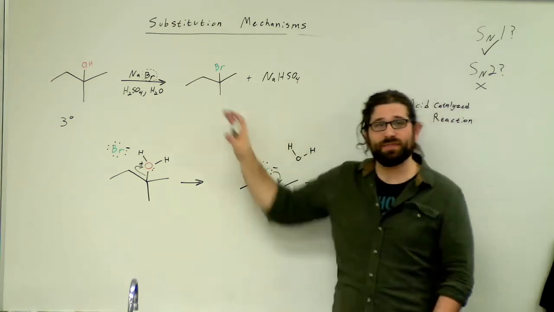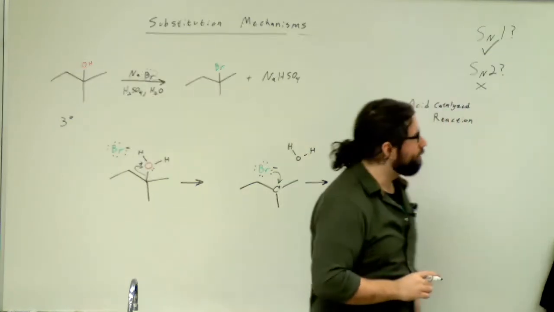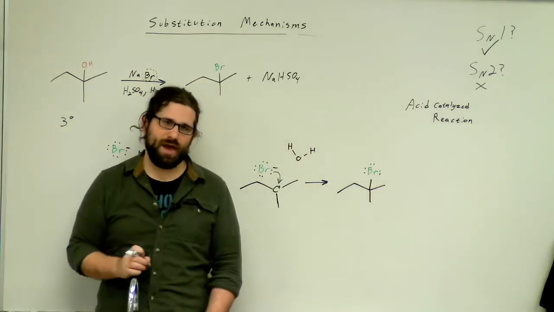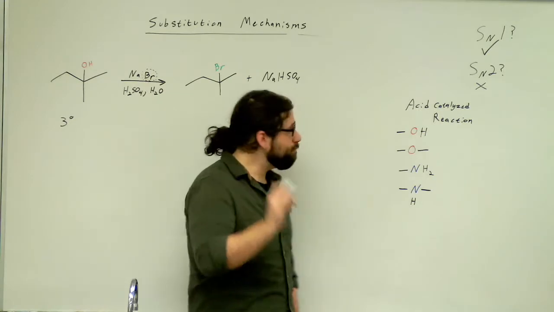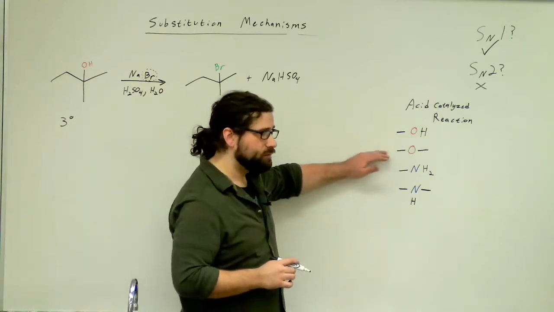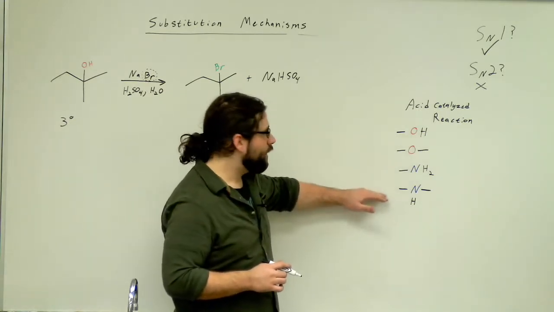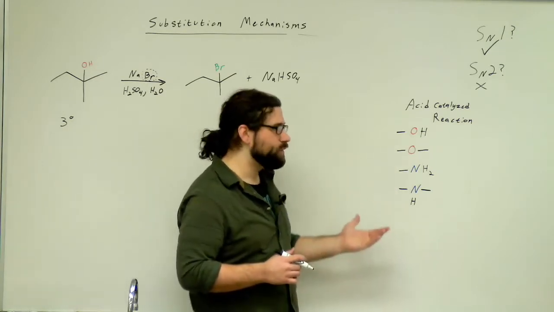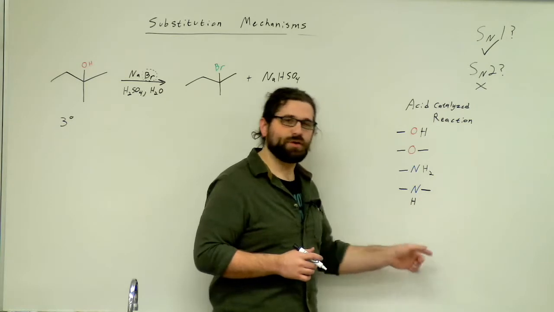So now that we've got that all done, let's briefly cover that acid-catalyzed reaction. When is that going to matter? So it's going to matter when we've got an alcohol, an ester, or an amino group. Notice I've got two different amino groups drawn up here because we can have our nitrogen making further connections.